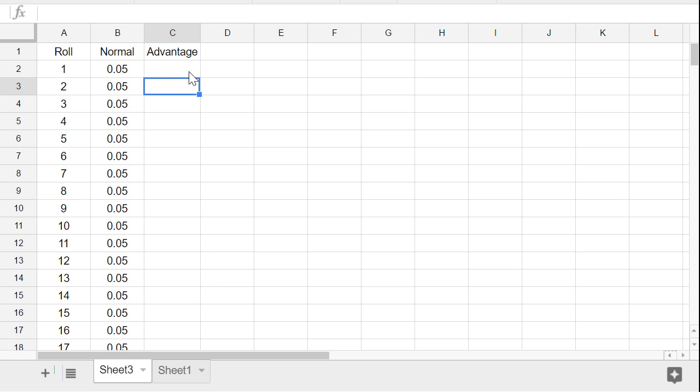The simplest approach is that you're taking the max of two rolls. I'm going to refer to the die as a d20, because that's what you call a 20-sided die in Dungeons and Dragons. So you roll two d20s and you pick the highest.